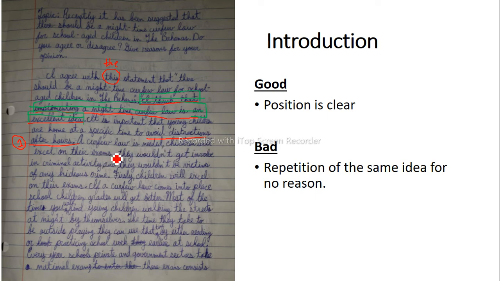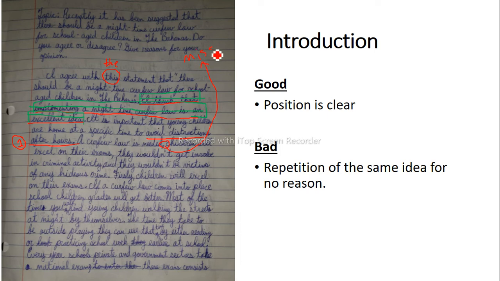Children will excel on their exams." Something's supposed to be between "needed" and "children," something that's missing. "A curfew law is needed because this will help children too." You see what I'm saying? It didn't sound right to me. They're missing phrases, right?